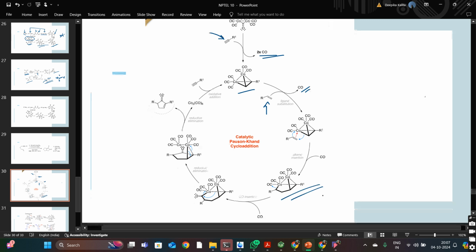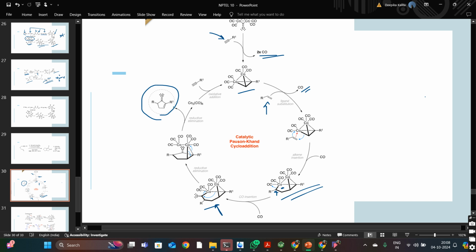Now, carbon monoxide, which was initially eliminated, is going to get inserted again in the metallacycle between this carbon atom and the cobalt metal. So then this metallacycle will undergo reductive elimination to give us our desired product, which is this alkenone.